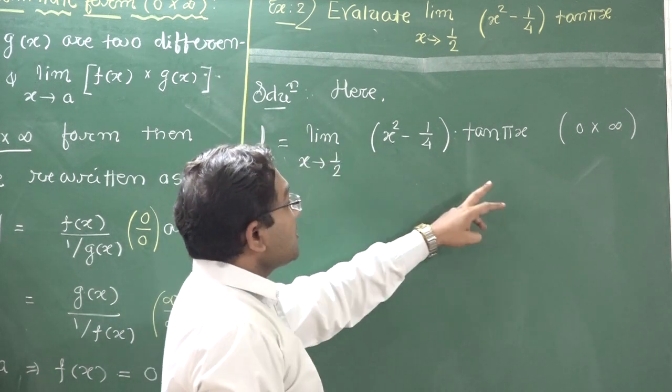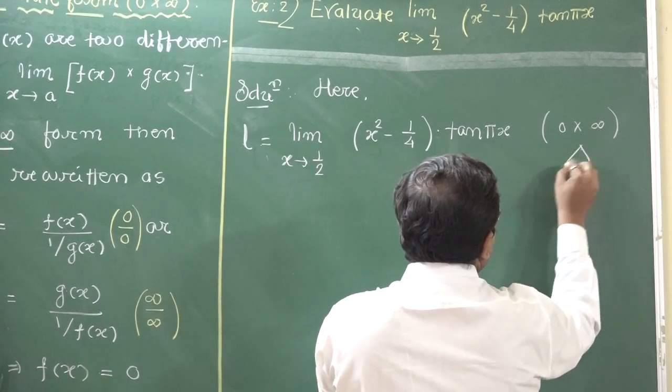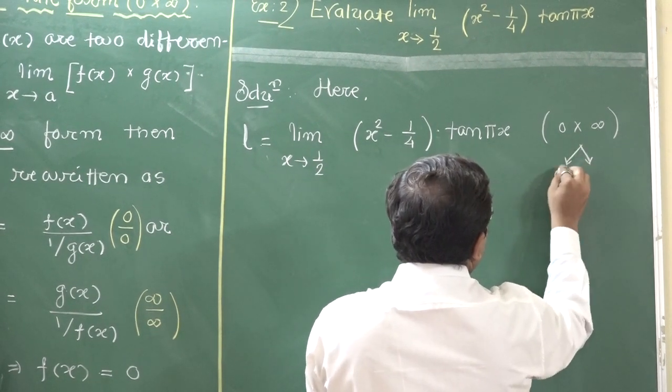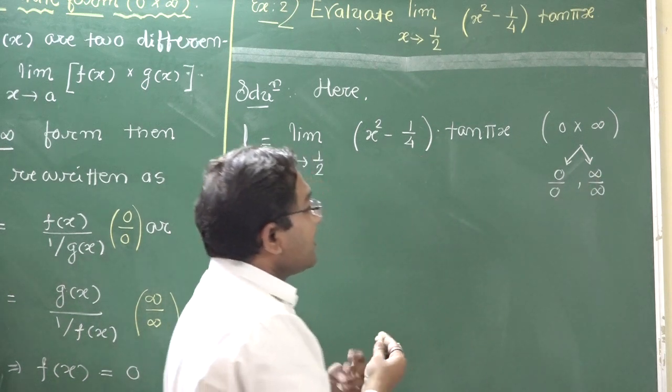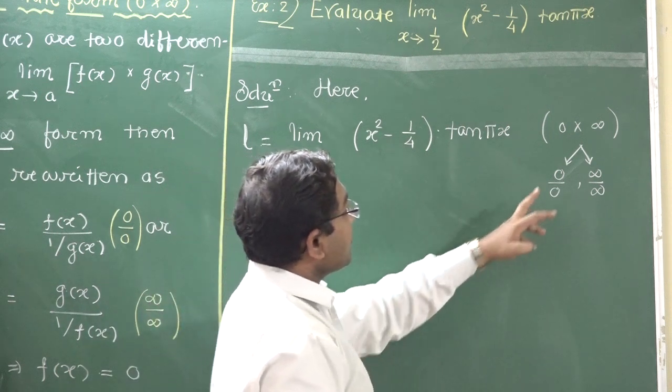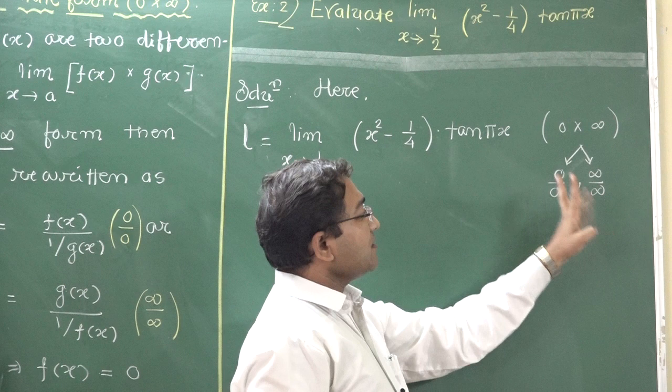In that 0 cross infinite form, there are two ways. Either it is converted into the form of 0 by 0 or infinite by infinite. These all are in our hand. So we can try to convert the 0 cross infinite form into 0 by 0 form.